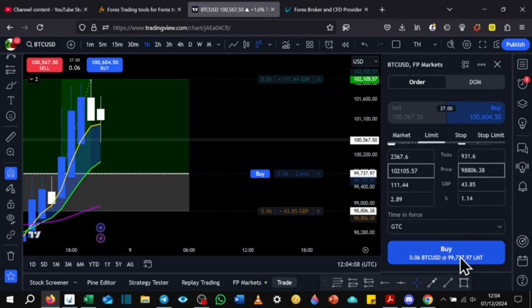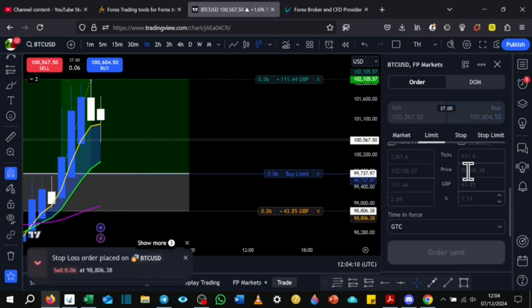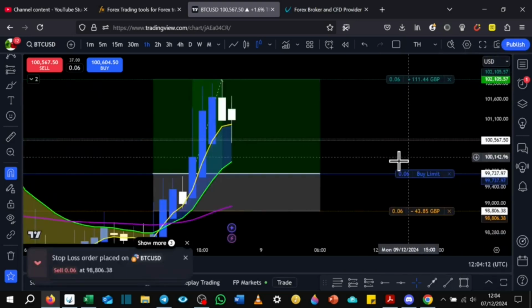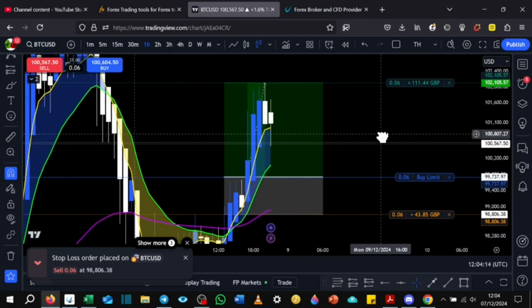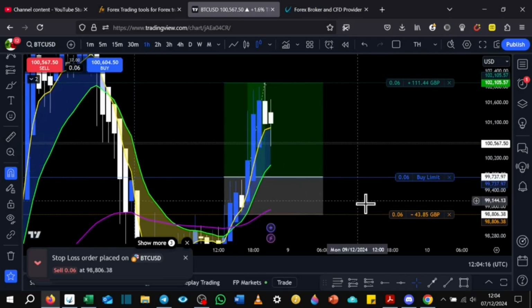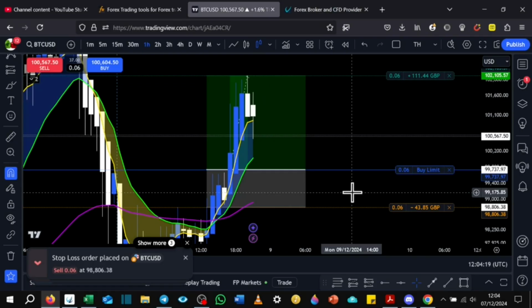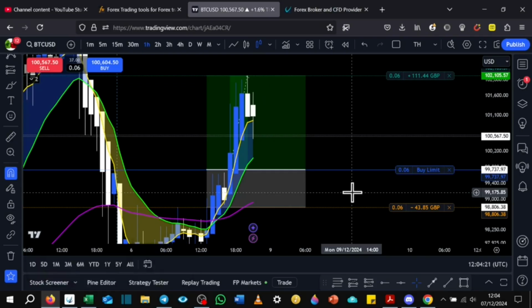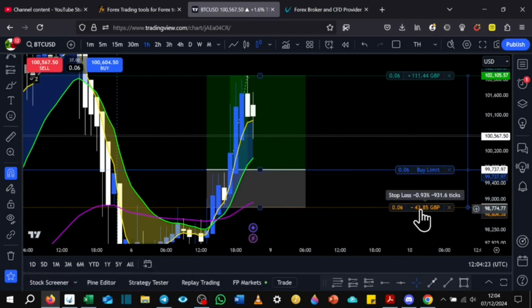And all you do is you press buy, and then we can click the cross here, and that buy limit is actually set, ready to rock and roll. It also tells you down here the money that will be lost. So if you've got a £500 account, that should say £5, right?